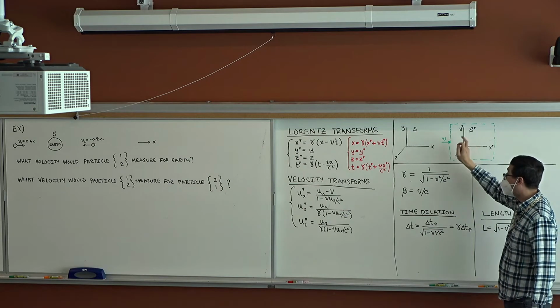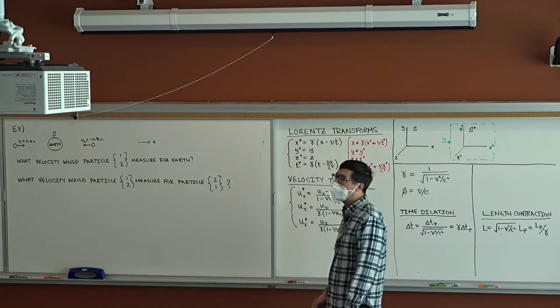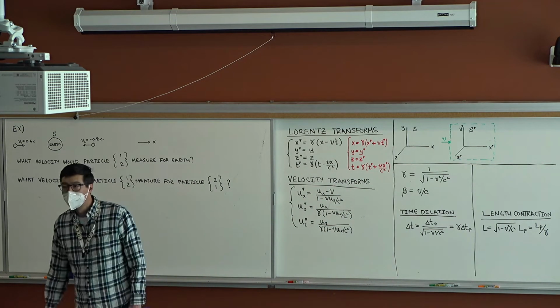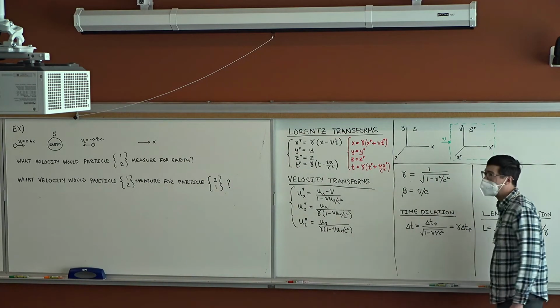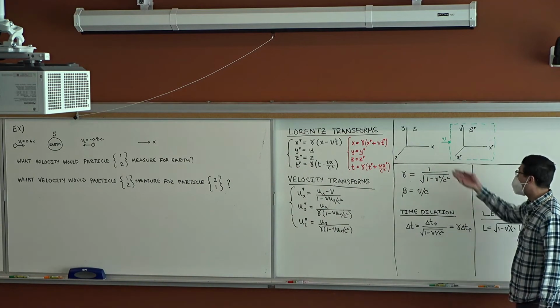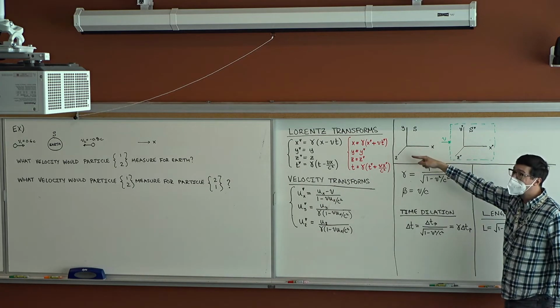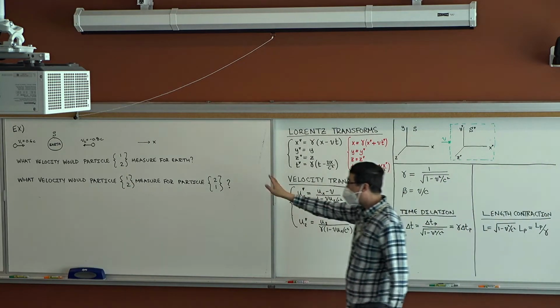What would S prime say about S? S prime says that S is moving in the negative x direction with speed V.